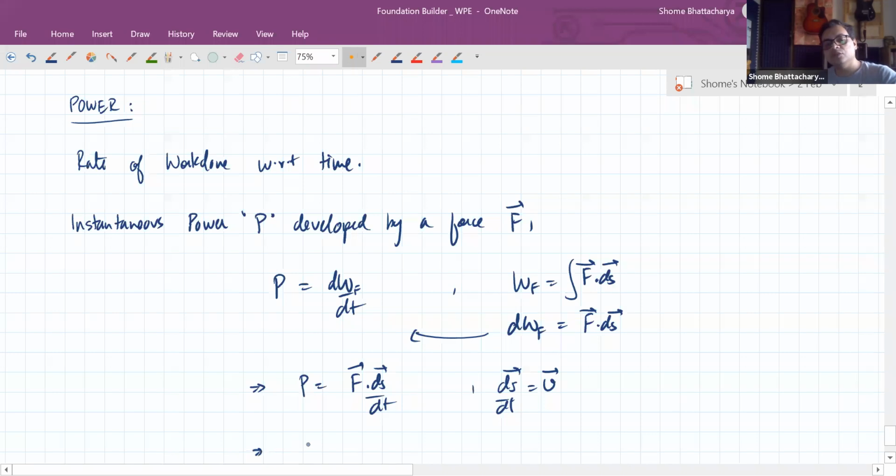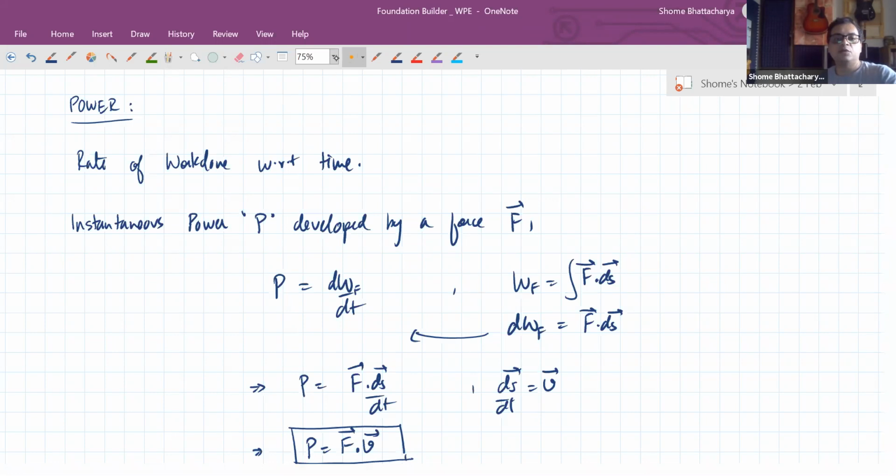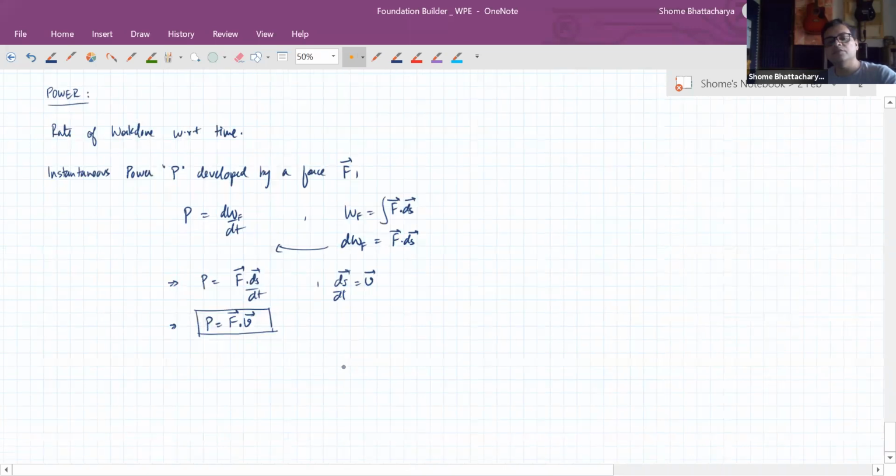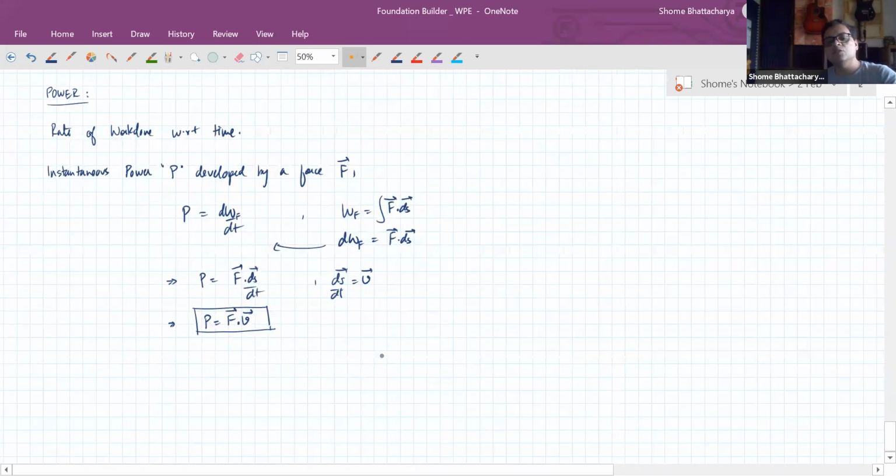So by that definition, we can also reduce power to the dot product of force with the velocity at the point at which the force is acting. So while the definition of power is rate of work done with respect to time, formula wise it also works out like this, that power is equal to F dot V.